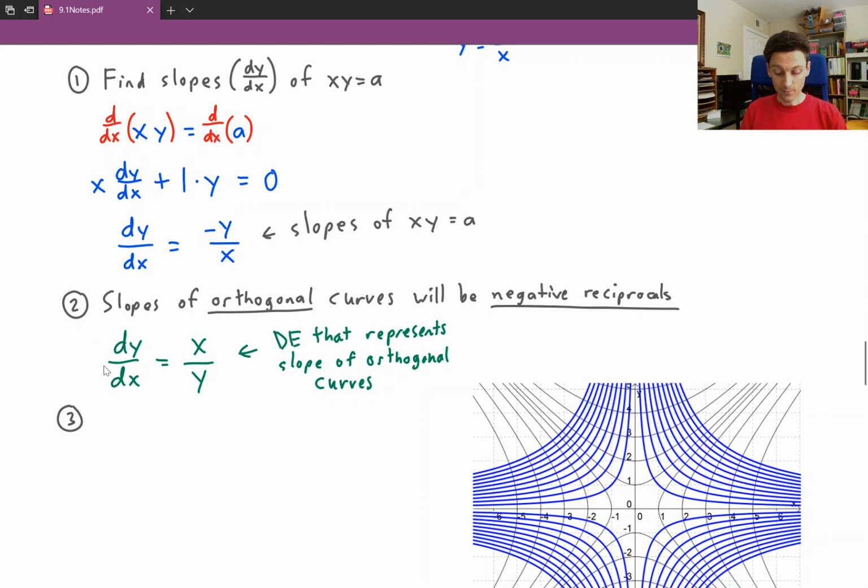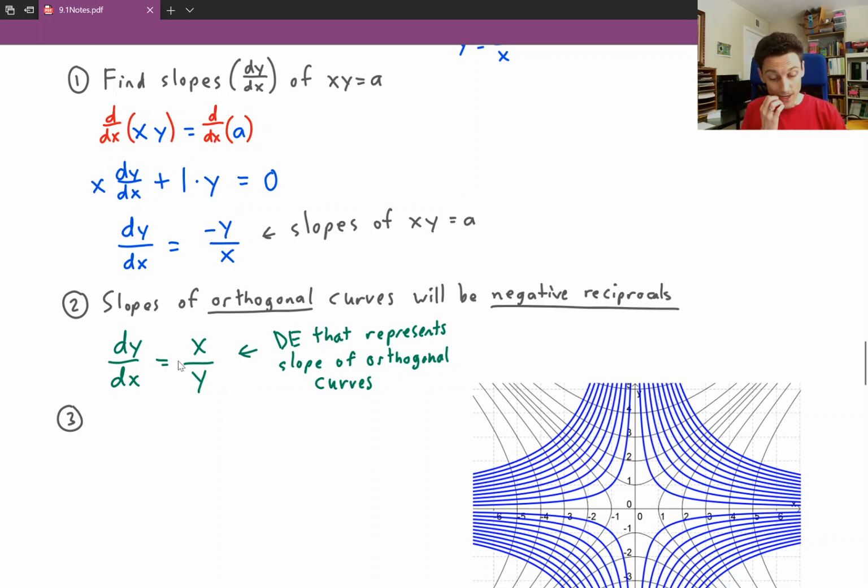In fact, this is one of those kinds of differential equations, dy/dx equals a function of x comma y. This is a kind of differential equation that you could make a slope field for if you wanted to, right? And then the orthogonal trajectories would flow along that slope field or direction field.